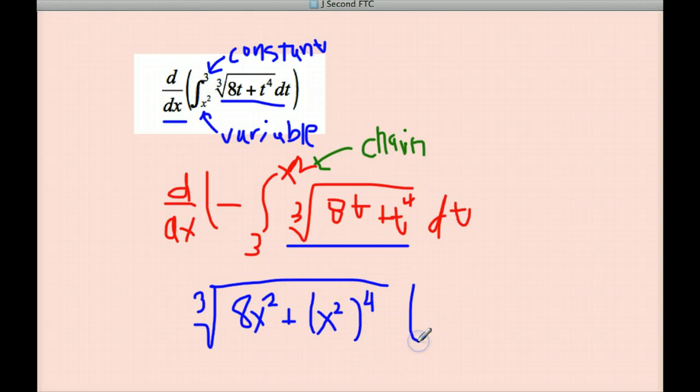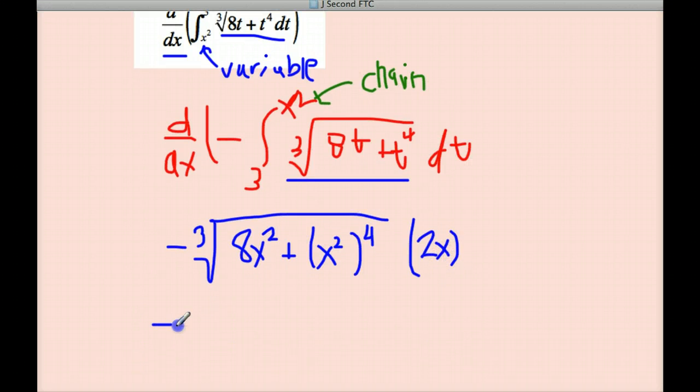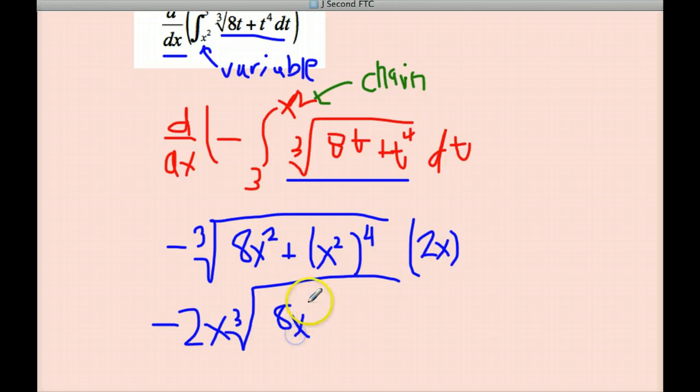And then I need to multiply by the derivative of the top. Oh, and I forgot that negative. Derivative of x squared is 2x. So now if I simplify this, what we end up getting is negative 2x cube root of 8x squared plus x to the 8th, since I have a power to a power, which means I can multiply those to give me x to the 8th.